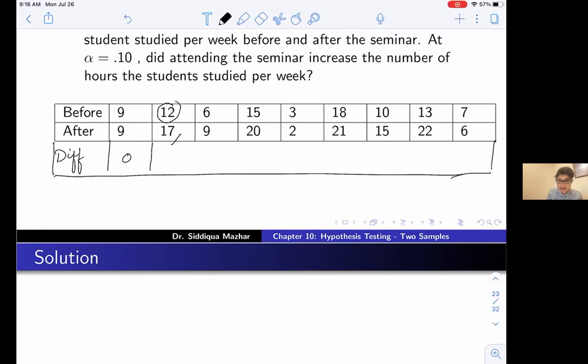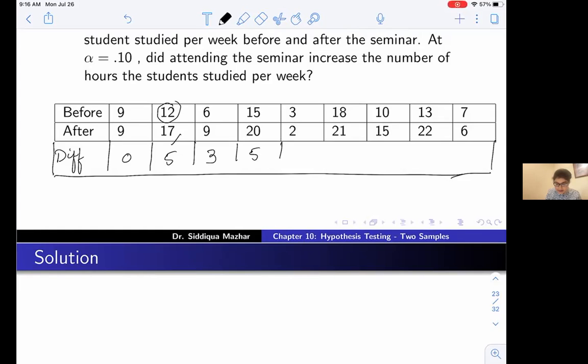Then you can see how much change happens after the seminar. The second student is studying more, so it means 17 minus 12, which is 5. The third student was previously studying 6 hours, and after that he was studying 9 hours. So 9 minus 6 is 3 hours. He increased his number of study hours. The fourth student is 5.